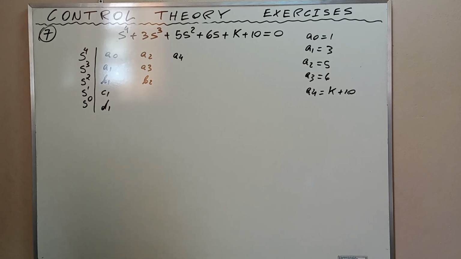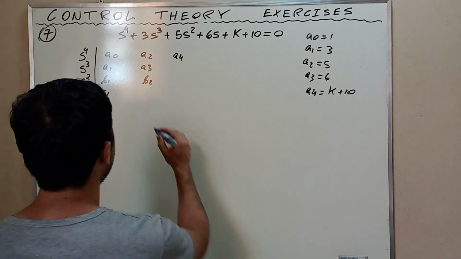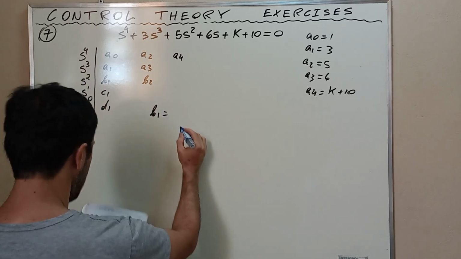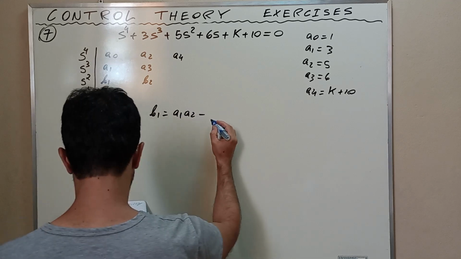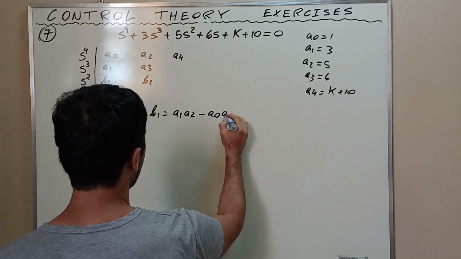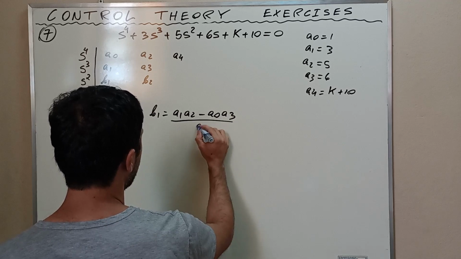Now what we need to do is to calculate the values of B1, B2, C1, and D1. Alright, let's calculate B1. B1 is gonna be A1 A2 minus A0 A3, divided by A1.